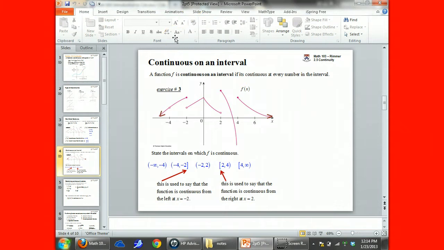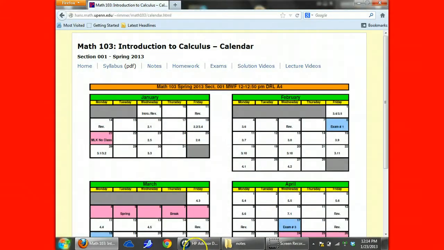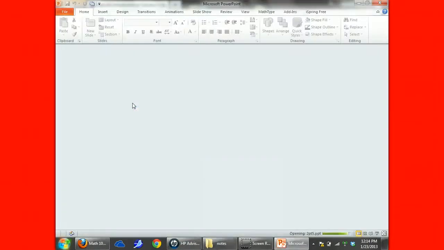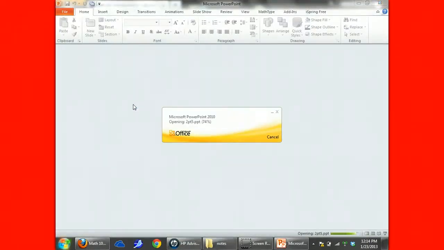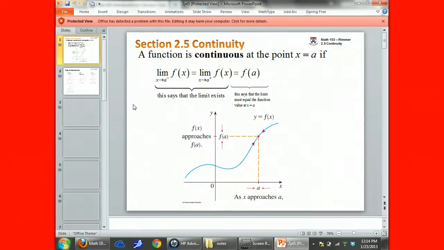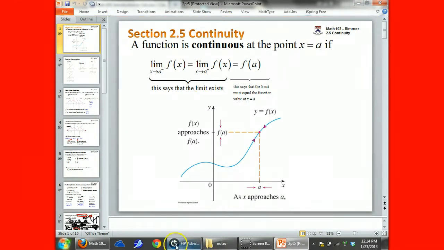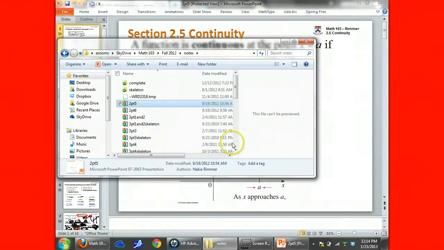Oh, that's why. I don't want to protect it. I'm sorry, talking to myself out loud on the recording. What's the protected view? I just want to draw on it. The Office has detected a problem with this file. Editing it may harm your computer. What? Whatever. Okay. There's always ways around things.